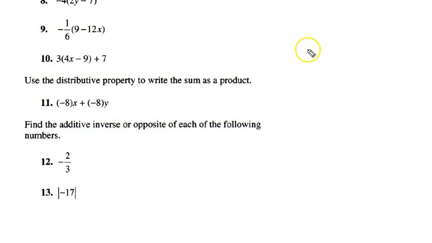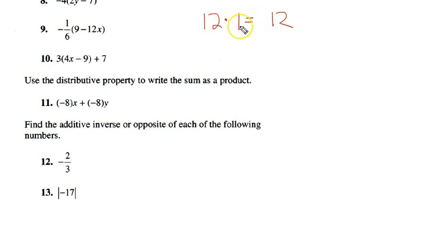Now there's a couple of other properties that they're not illustrating here, and I want to take a moment to do so. The identity property is we can multiply anything by 1, and that does not change its value. We used that when we worked with fractions.